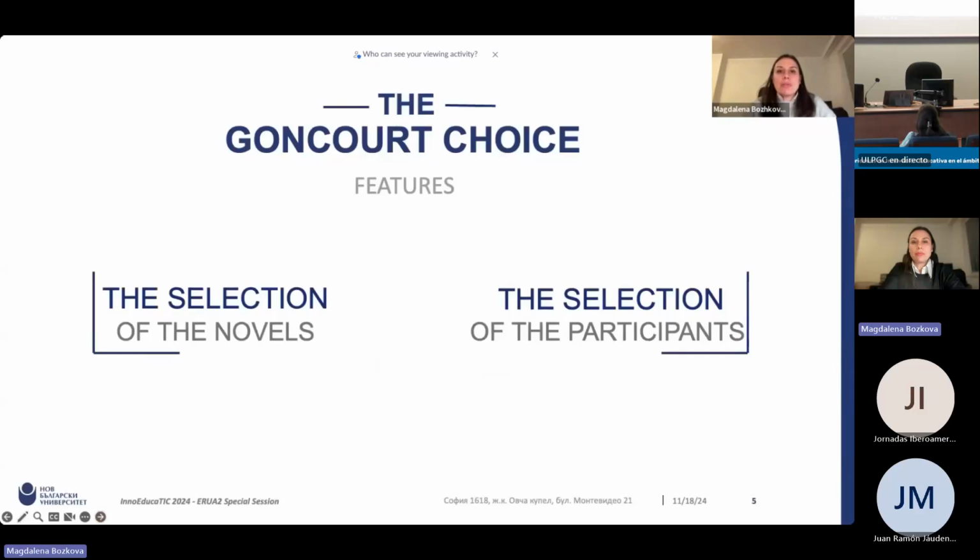So, the features of the project: how the selection of the books is made. For all international Goncourt choices, these are always works drawn from one of the Académie Goncourt selections, which means 15, 8, or 4. In Bulgaria, we work with the 4 novels from the last third selection.